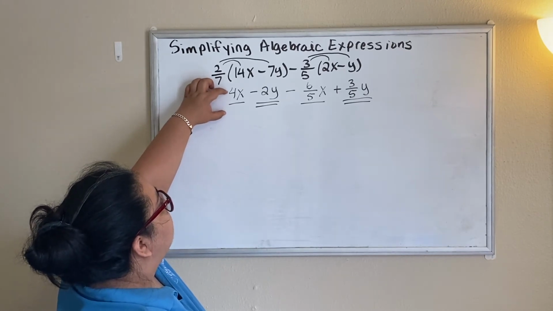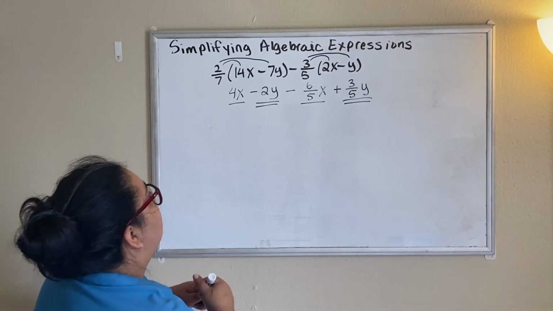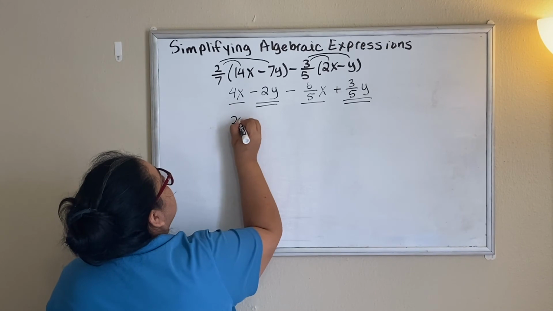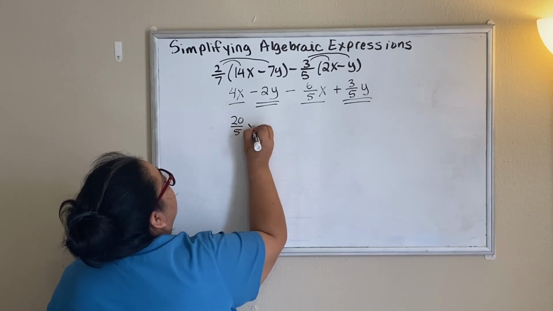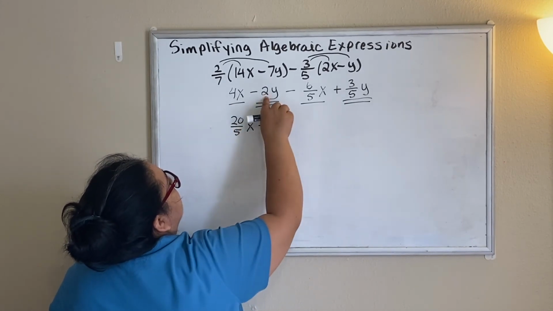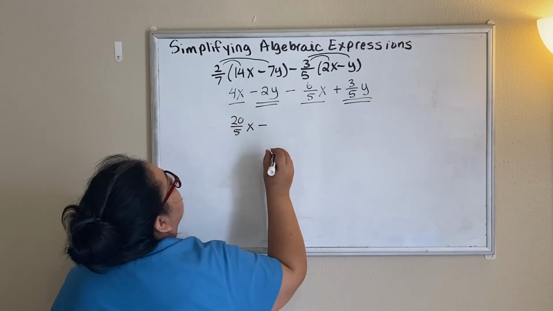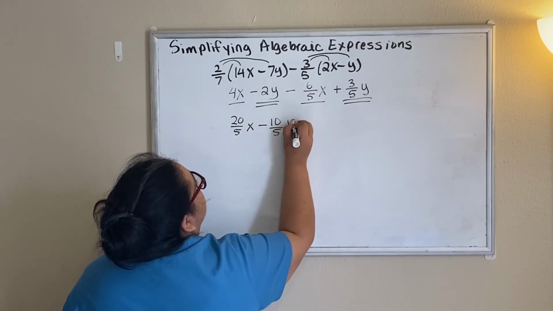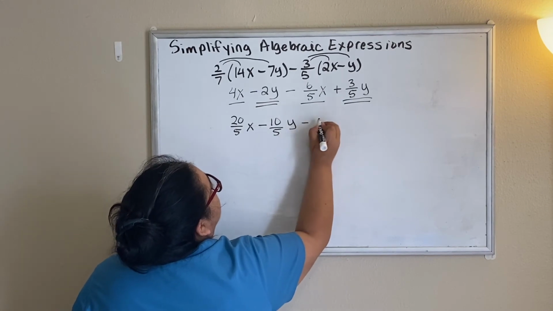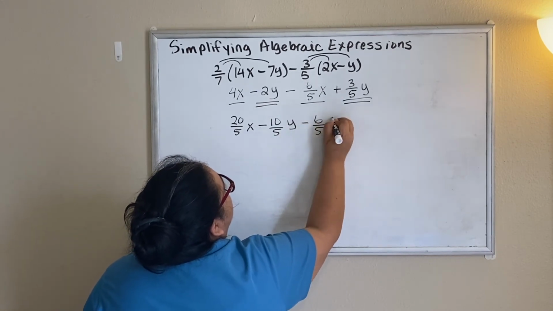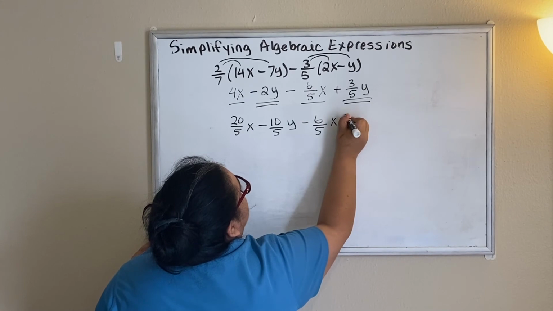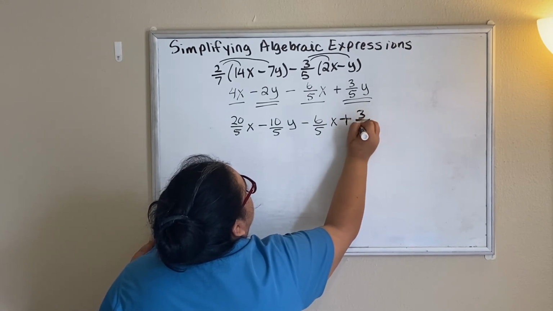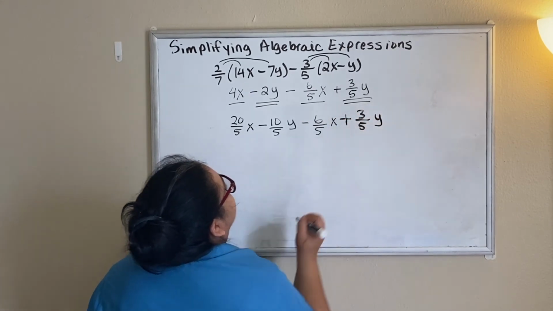If I multiply 4 times 5 over 5, I get 20/5 x minus, and if I multiply 2 times 5 over 5, I get 10/5 y. And then we're going to bring down the rest: minus 6/5 x plus 3/5 y.